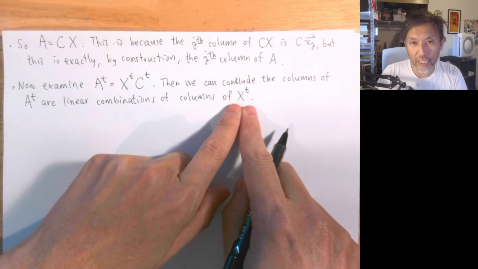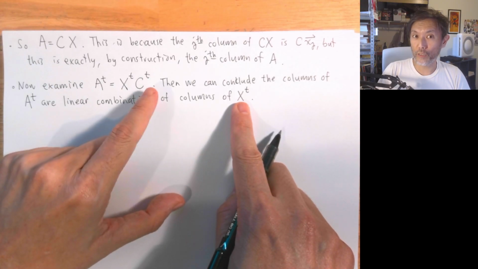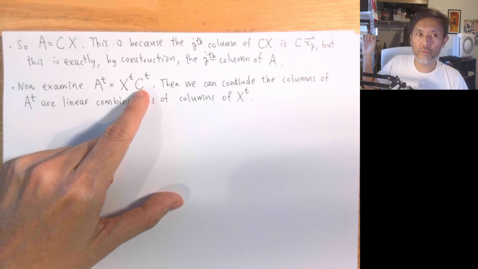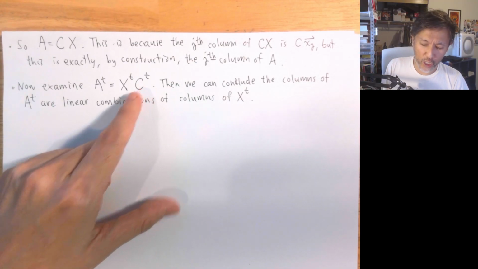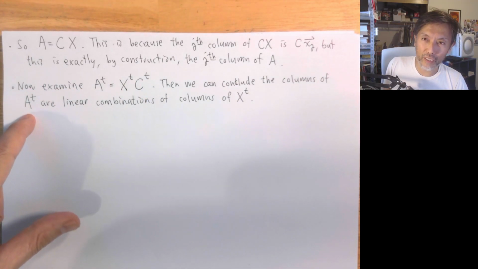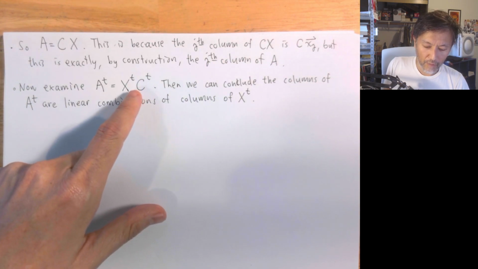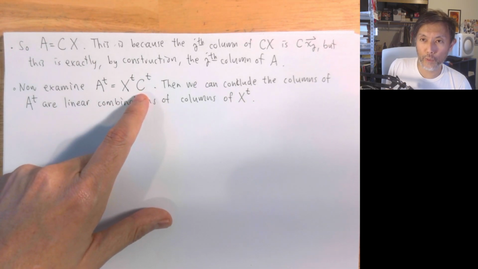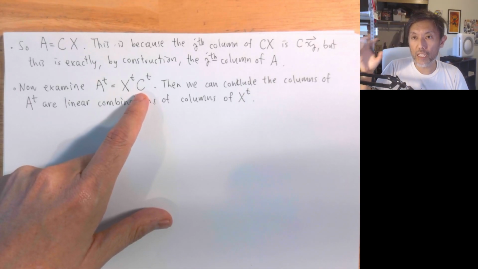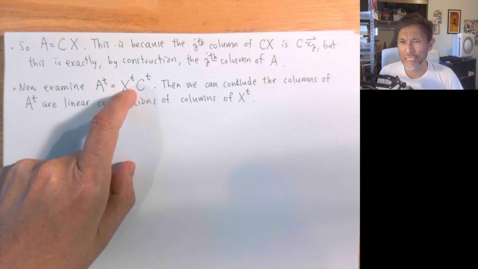Which linear combination of columns of X transpose? If you were to think about the ith column of A transpose, that would be taking the ith column of C transpose, using those coefficients in a linear combination of the columns of X transpose.